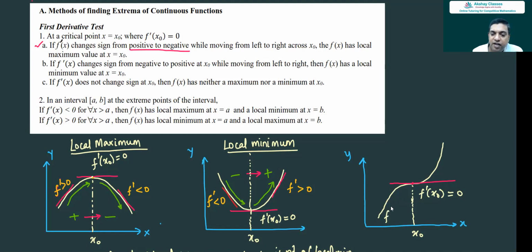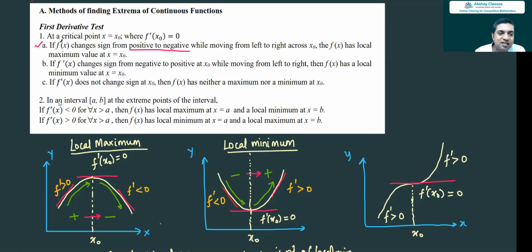However, f dash x is positive before x equal to x naught, and f dash x is positive after x equal to x naught. That means for x greater than x naught and x less than x naught, f dash x doesn't change sign. It remains positive, although f dash x naught is equal to 0.